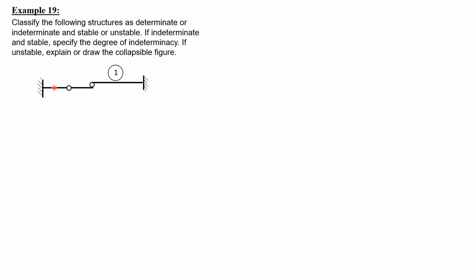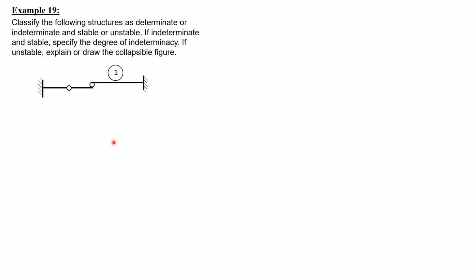So let's now count the number of reactions per joint. Here there are 3, 2, so 5, here 1, 6, then here 3, so that would be 9. We can have a free body diagram here, one part, another free body diagram for this member, then another free body diagram of this member.